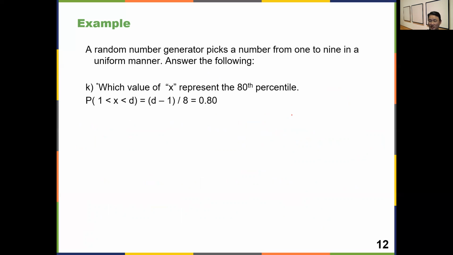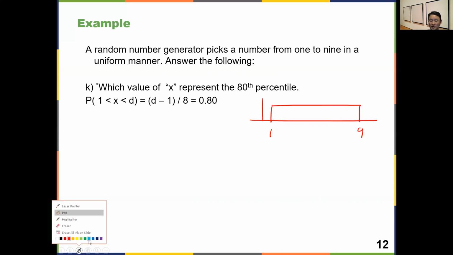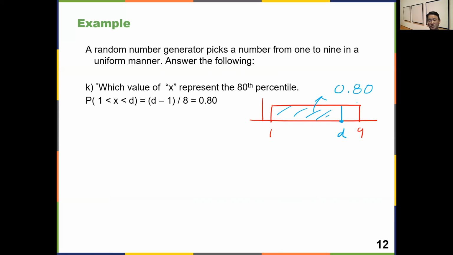This is the basic procedure, but if you graph it, it helps. 1 and 9, we want to figure out that number right here. We're going to call that number D. And below this is going to be what? 0.8 or 80%, doesn't really matter, right? And the height is going to be 1 over 8, just like that.